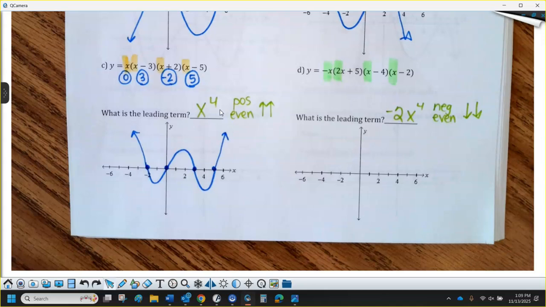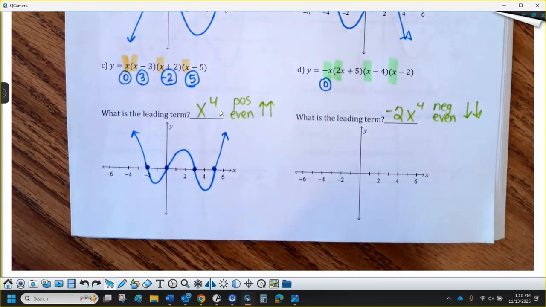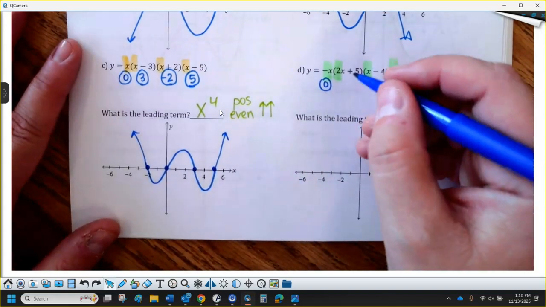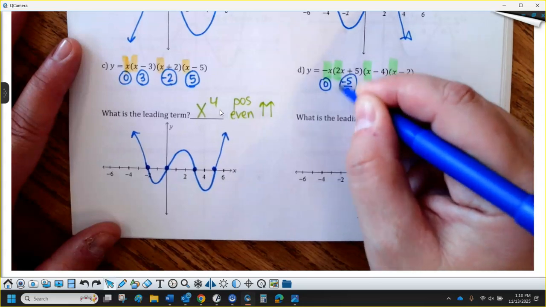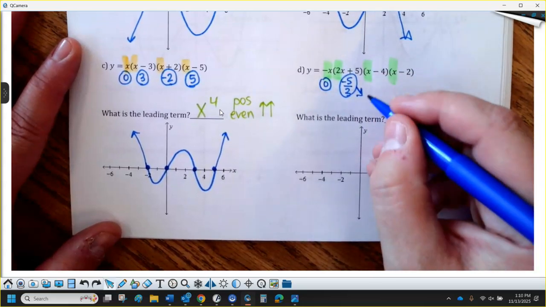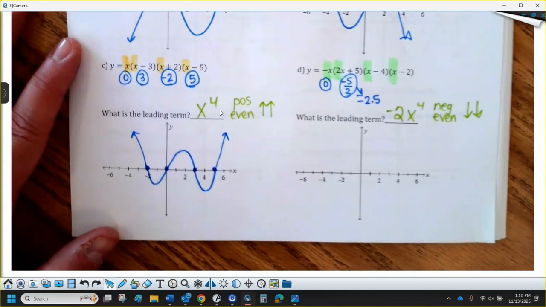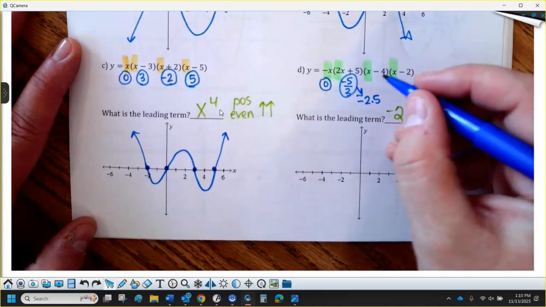Now this one we're going to have to estimate on the graph a little bit. So that negative x out in front, the 0 there would be 0. What would be the 0 if you have 2x plus 5? Negative 5 over 2, which, if you prefer, which I kind of do for this, the decimal is negative 2.5. I usually use the decimal instead of the fraction to help me estimate where that would be.